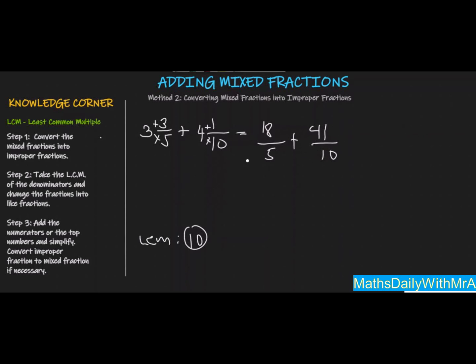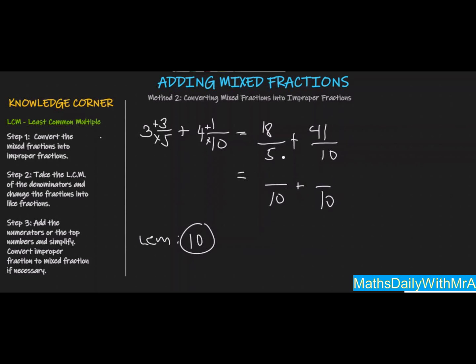The second step that we need to do is take the LCM of the denominators and change the fractions into like fractions. The least common multiple of 5 and 10 is 10. Let us rewrite this once again. Over 10 plus over 10.